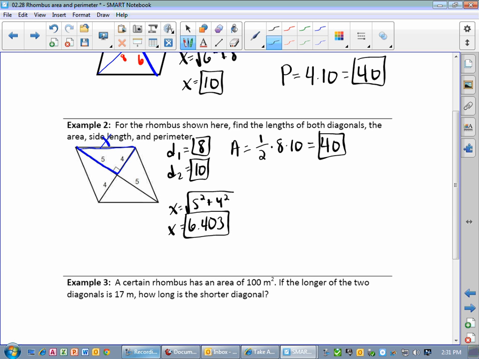There's our side length. To get the perimeter, we multiply by 4 because there are 4 sides. So 6.403 times 4 gives us 25.612.